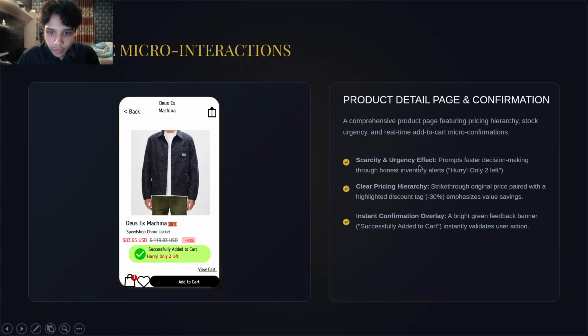Alright, then we have scarcity and urgency effect. Prompts faster decision making through honest inventory alerts, like there's a word, we have "Hurry, only 2 left." Alright, next, clear pricing hierarchy. Strikethrough original price paired with a high-contrast discount tag, minus 30%, as you can see there.